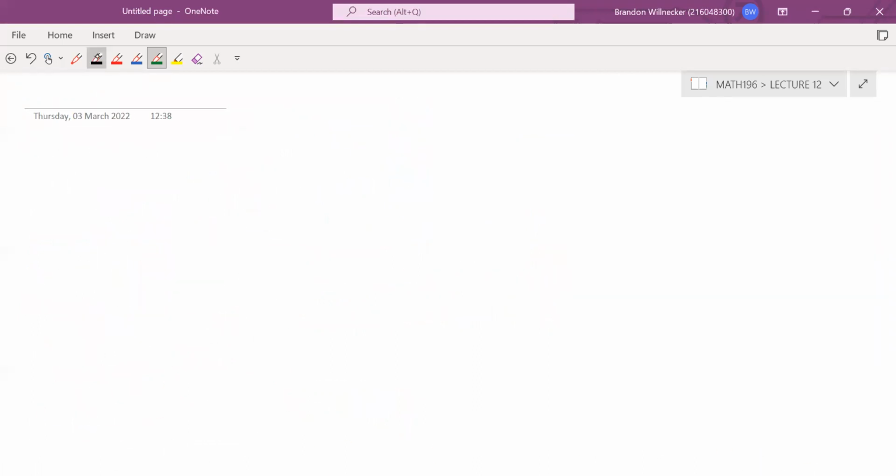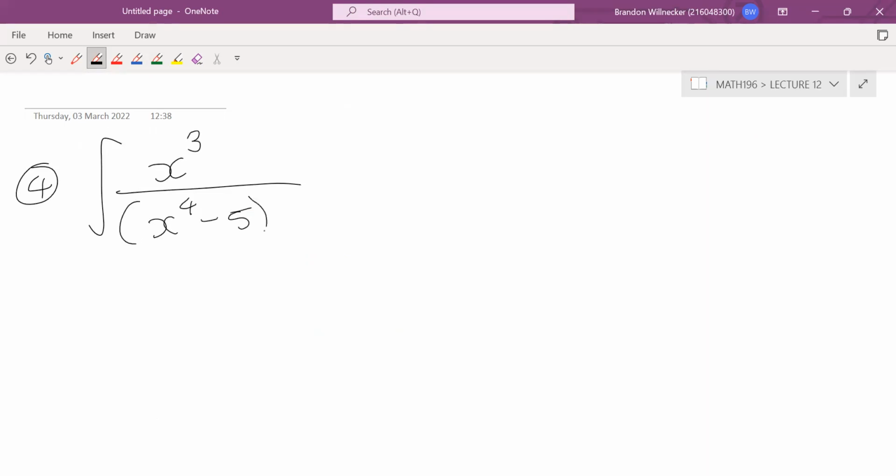This is number 4. Okay, so now we have the integral of x cubed over x to the 4 minus 5 squared dx. A bit more complicated now.